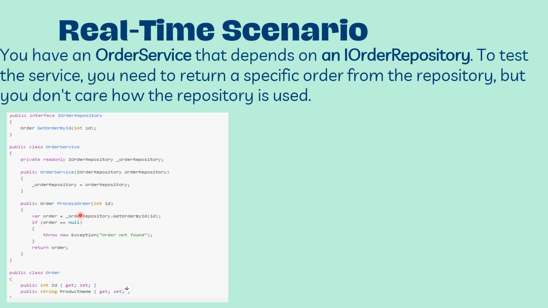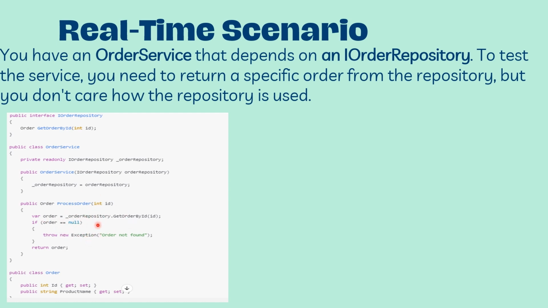So in this case, whenever we are trying to test that, when we pass this particular id, then this stub returns the order object, and the expected value, when you pass an id 1, it should give me the order 1 value, right?